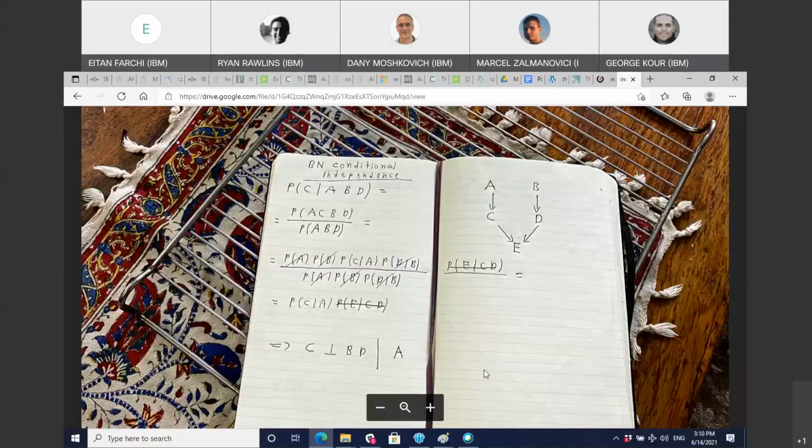So I have a question. Assuming I'm conducting some sort of calculation about probabilities in the network, how is that helping me from a complexity point of view?